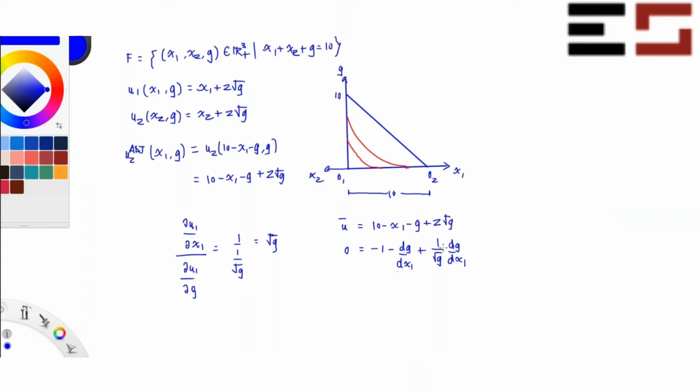Now I'm going to figure out the slope. I'll take dg by dx1 common from these terms, and I'm going to get 1 upon root g minus 1, and I'm going to take it to the other side, so this equals 1, right?